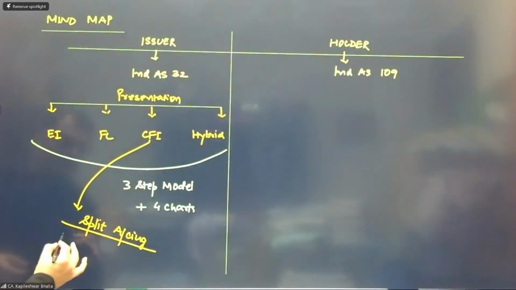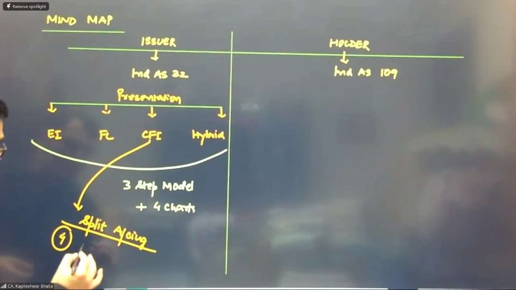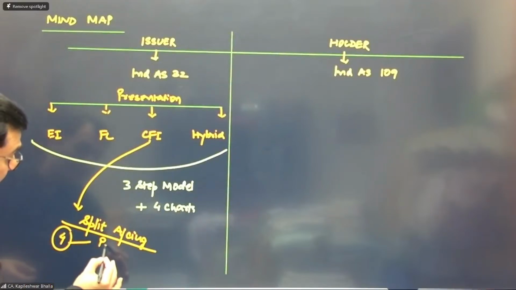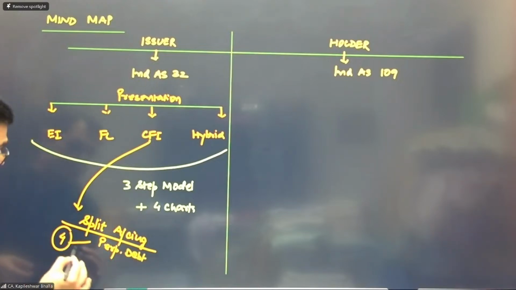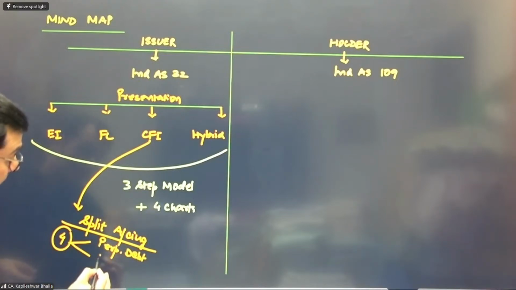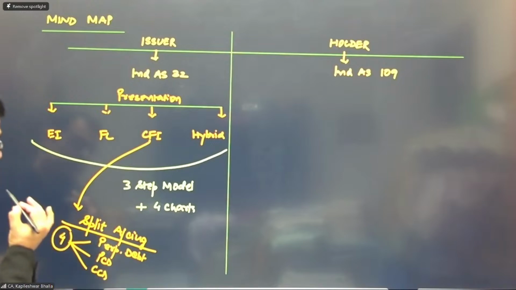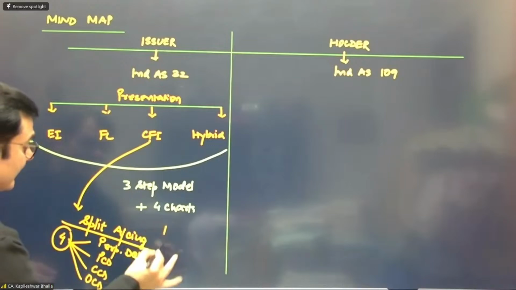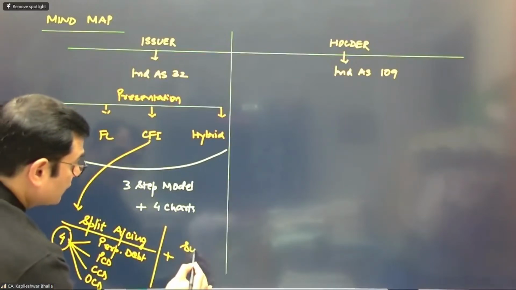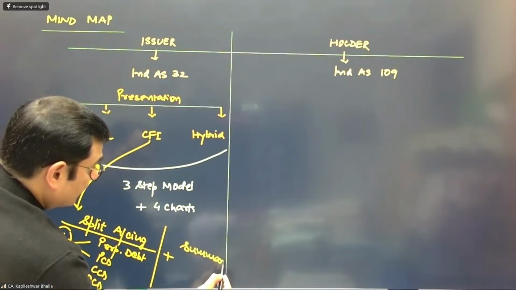So I gave you a connection in terms of 4 kinds of instruments, where I said it could be a perpetual debt instrument, a partially convertible debt, a compulsory convertible debt, or an optionally convertible debt. And then I also gave you a summary chart here as well.